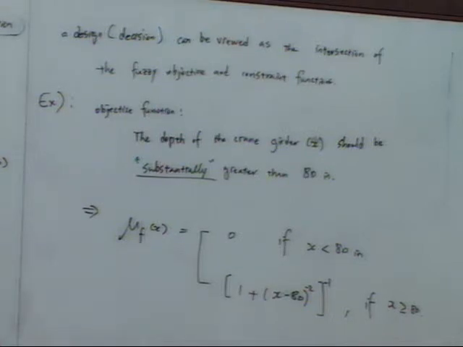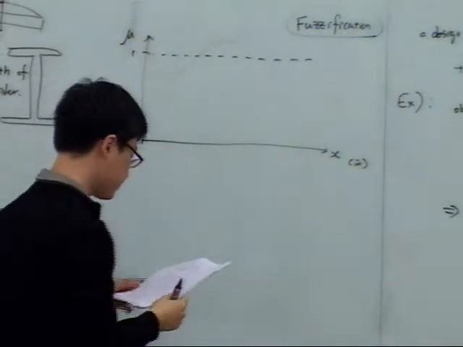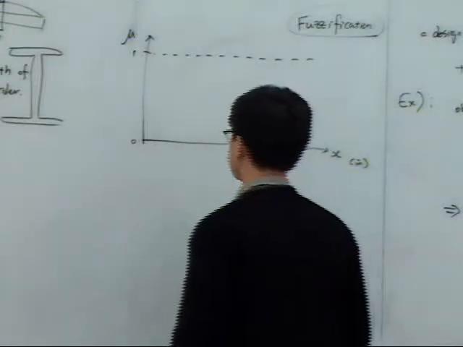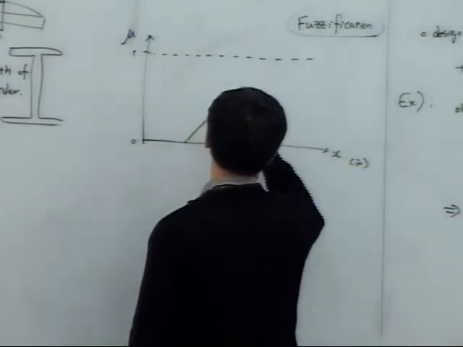X-axis is x, the depth of the gutter, given in unit of inches. This is membership function value. 1 is the maximum. This is 0, lowest. If you draw this graph, it will look like something like this.